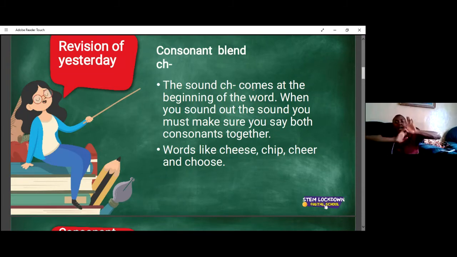Remember that we have vowels, which are A, E, I, O, and U, right? Those are our vowels. Consonant is everything else, which is not a vowel. That's why we have C and H that mean ch, right?